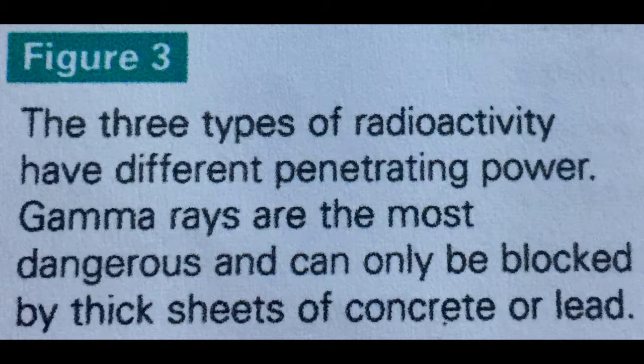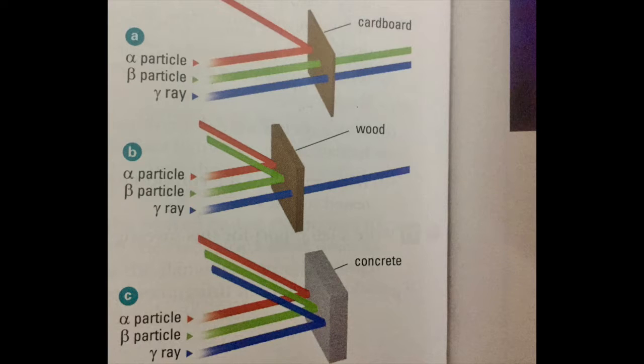Figure 3. The 3 types of radioactivity have different penetrating power. Gamma rays are the most dangerous and can only be blocked by thick sheets of concrete or lead. They were named alpha, beta particles, and gamma rays.